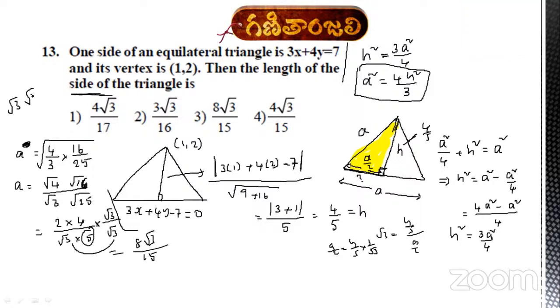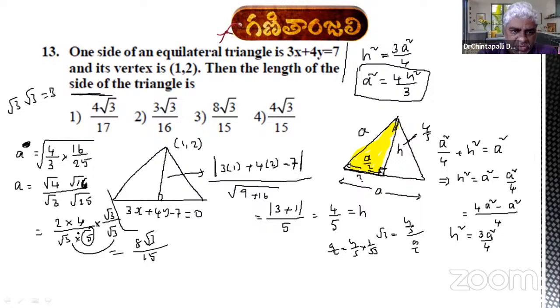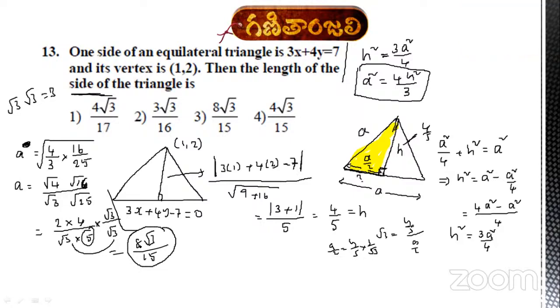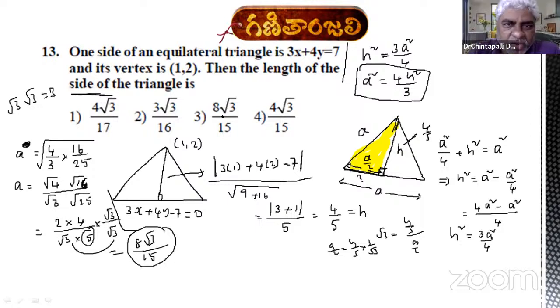Root 3 times root 3 is equal to 3. Yes, sir. 3 and 5, 15. 8 root 3 by 15, right? It is the answer. Which option? Option 3, sir. Very good. Option 3.